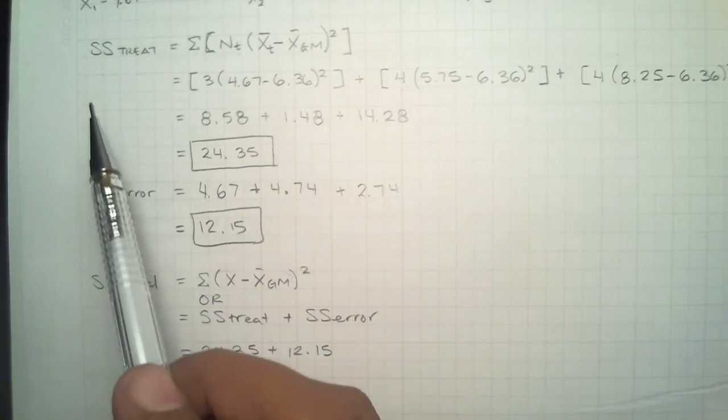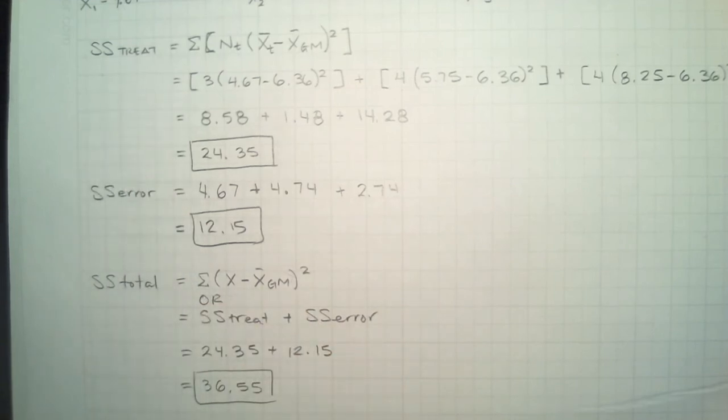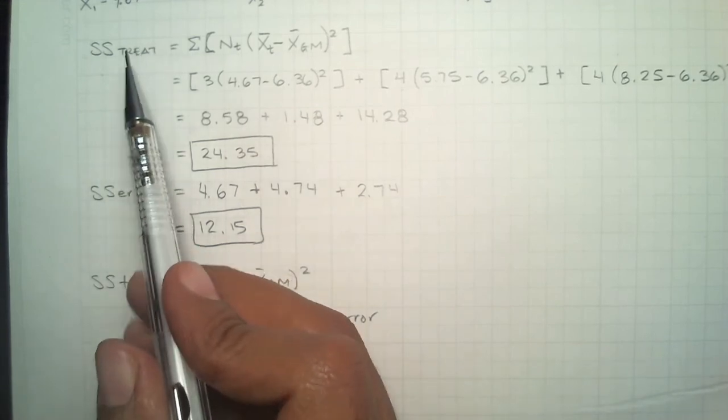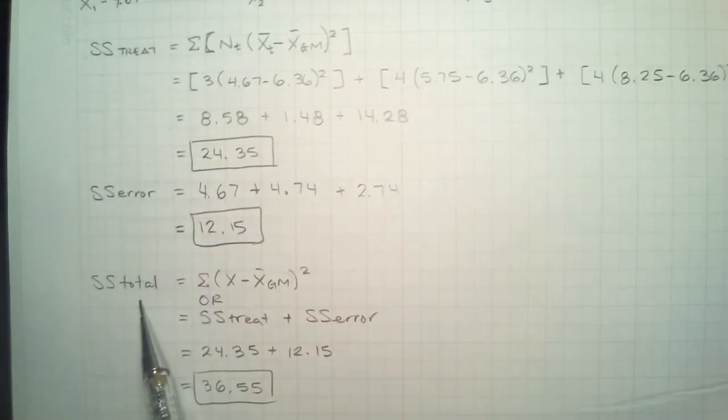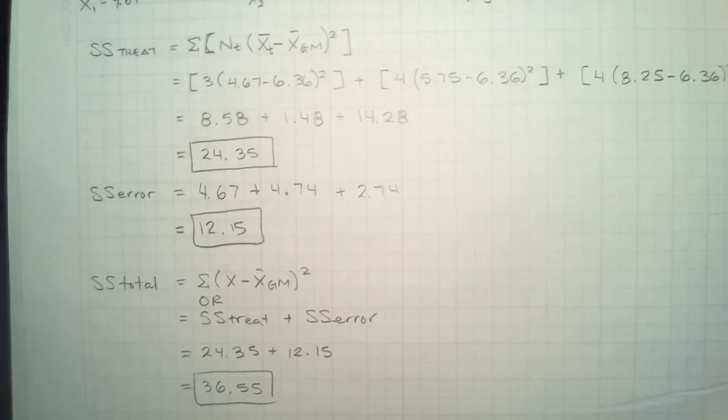Okay, so now that we have SS treatment, SS error, SS total, the next thing I like to do is to get my DF terms. So DF, again, I always go in that order: treatment, error, total. DF treatment. So DF treatment is k minus 1.